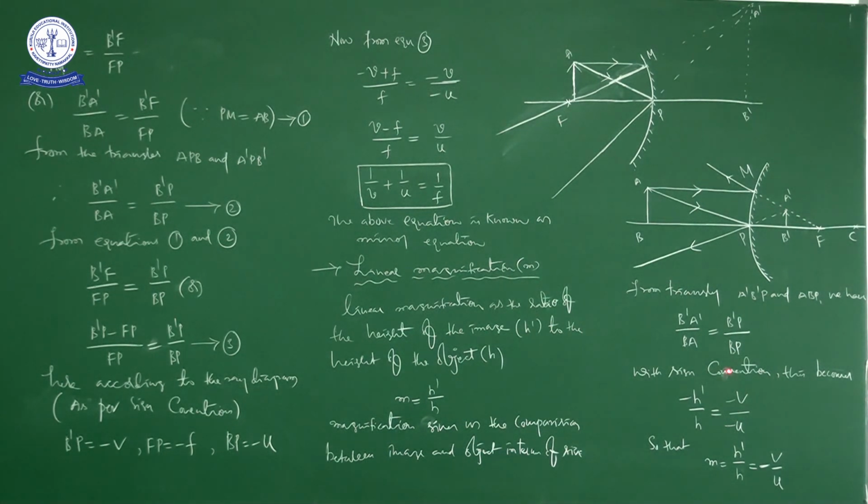Taking these two triangles A'B'P and ABP, we have B'A' by BA is equal to B'P by BP. So that is what we mean: the ratio of sides is constant.